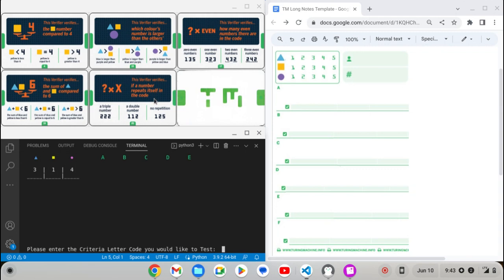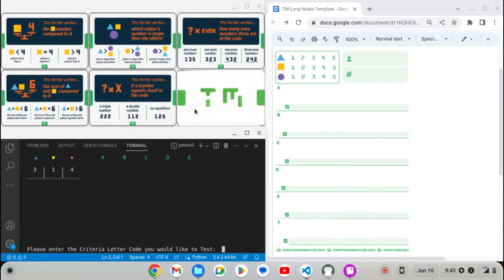For instance, if there are no repetitions, then it'll look something like the example 125. Or perhaps it has a double number, a repeating digit, as in the example 112, or perhaps it might be a triple number, meaning that it's a single digit repeated 3 times.